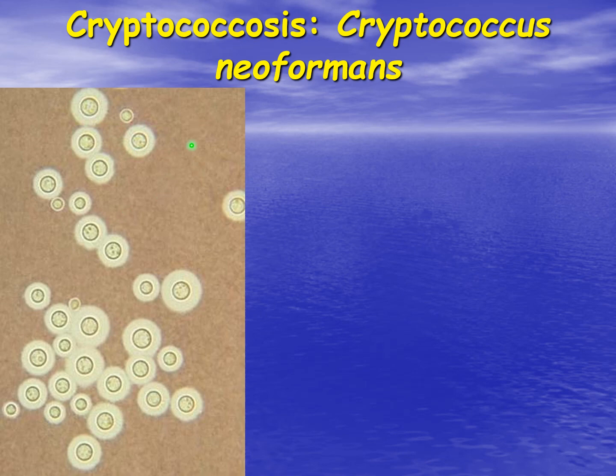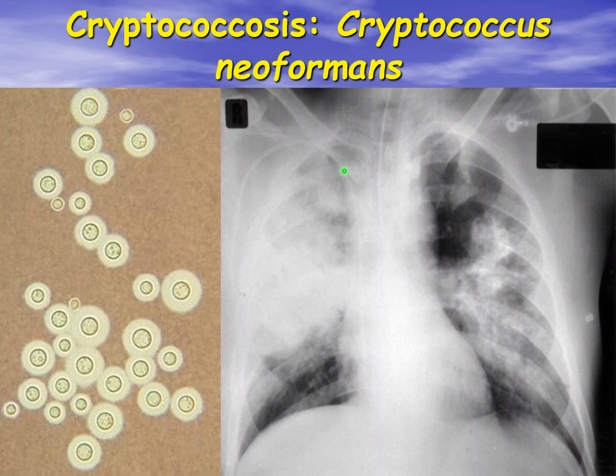So we do a negative stain on a slide, and we see this big thick capsule around this yeast. We know that we have Cryptococcus neoformans. Again, in the lungs, causes that kind of snowstorm pattern that's going on. This is a highly consolidated lung with pneumonia here caused by Cryptococcus.